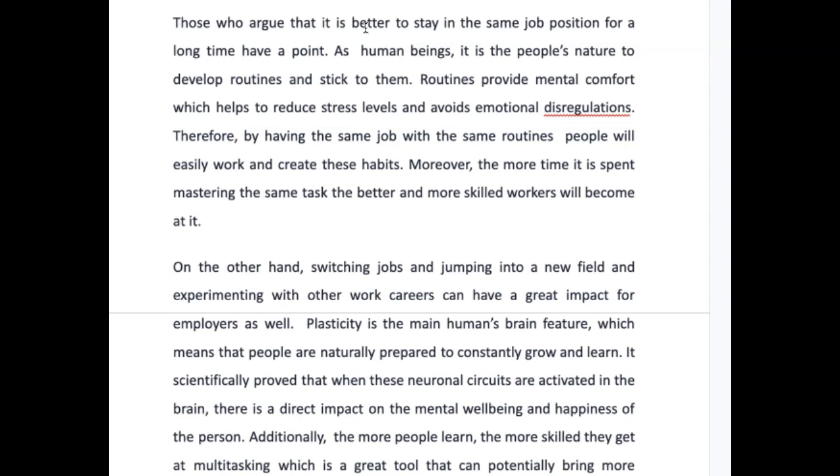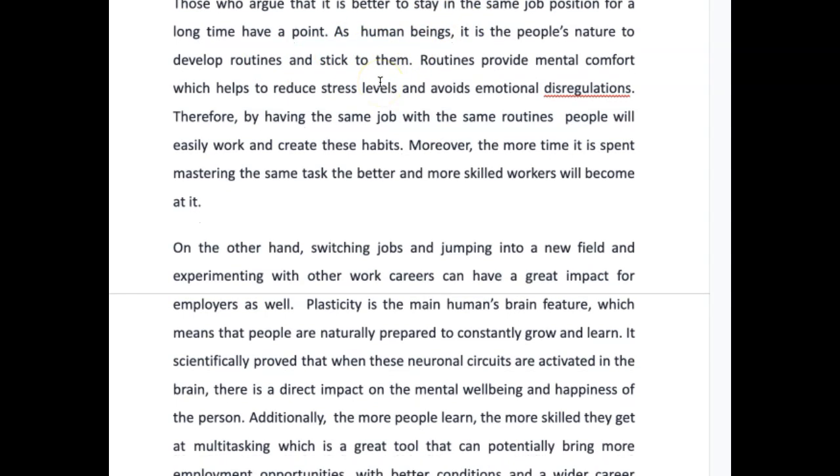As human beings, it is the people's nature to develop routines and stick to them. Be careful, this is a generalization, so we want to hedge it, and we should say, as human beings, it is quite common, or most people, okay, and then we avoid this sweeping generalization, which is basically saying here that everybody in the entire world likes routines and sticks to them.